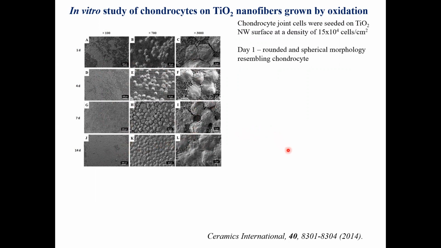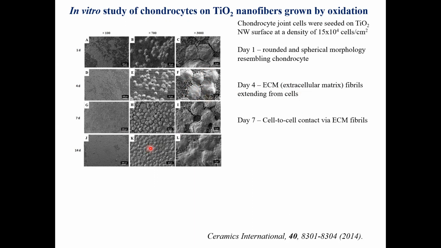So to summarize, on day 1, we see this rounded and spherical morphology that resembles the typical chondrocyte cells. And at 4-day culture, we see extracellular matrix fibrils expanding from cells. In 7 days, we see cell-to-cell contact via ECM.